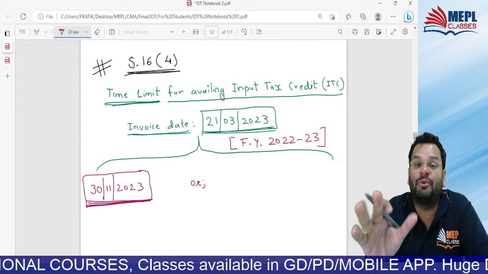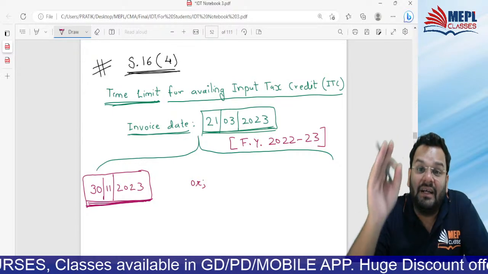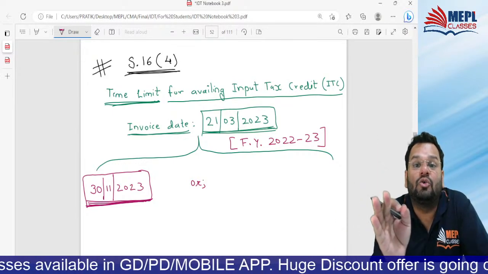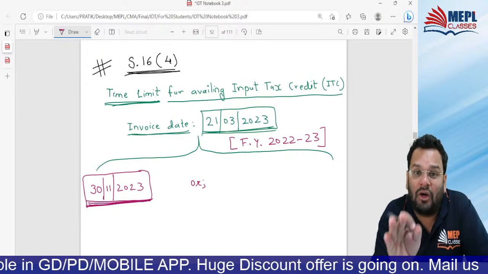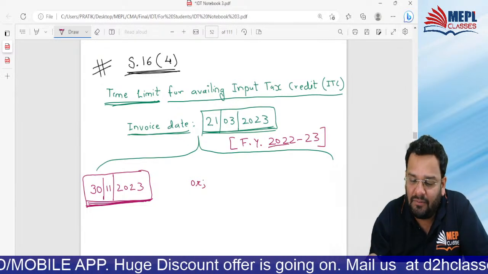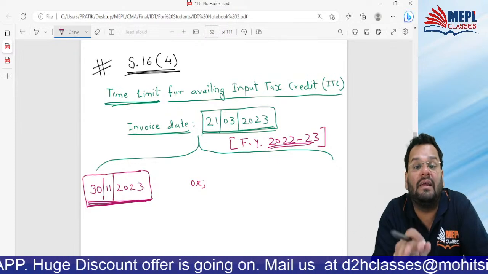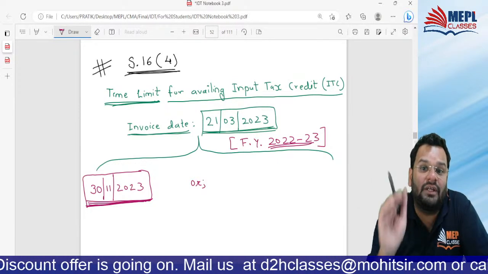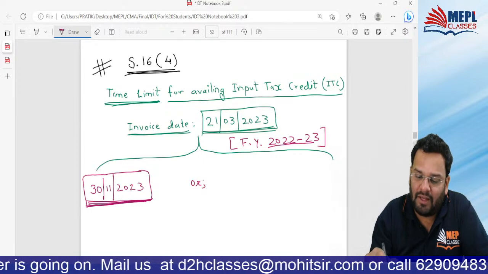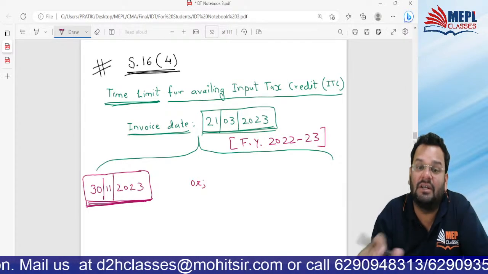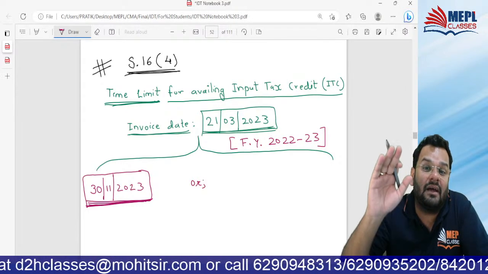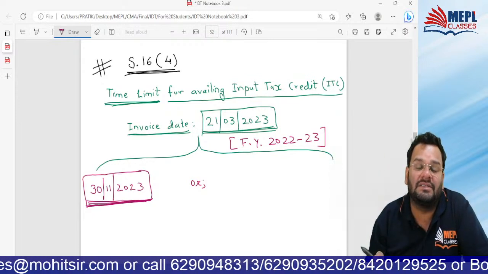But guys, listen to me properly. It is not possible to make any changes for FY 22-23 after filing the annual return under GST for that year. After filing the annual return under GST for this year, you cannot make any changes for that year.